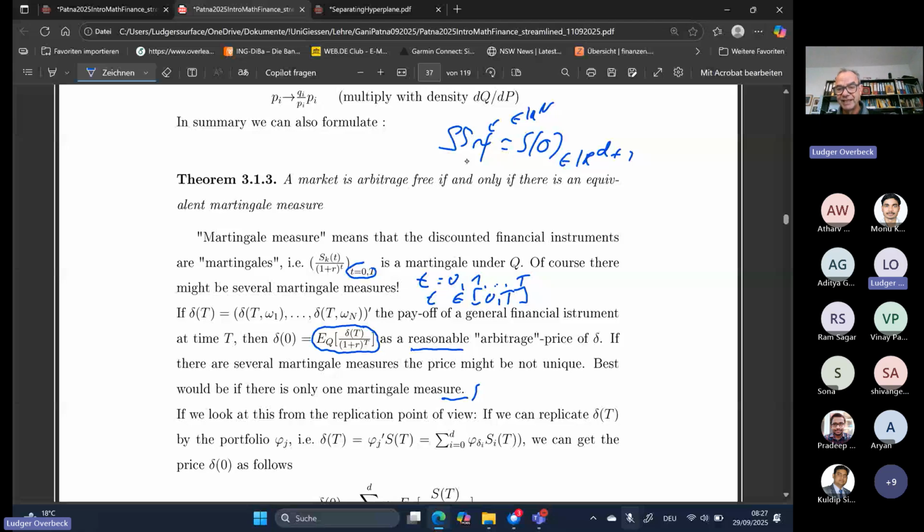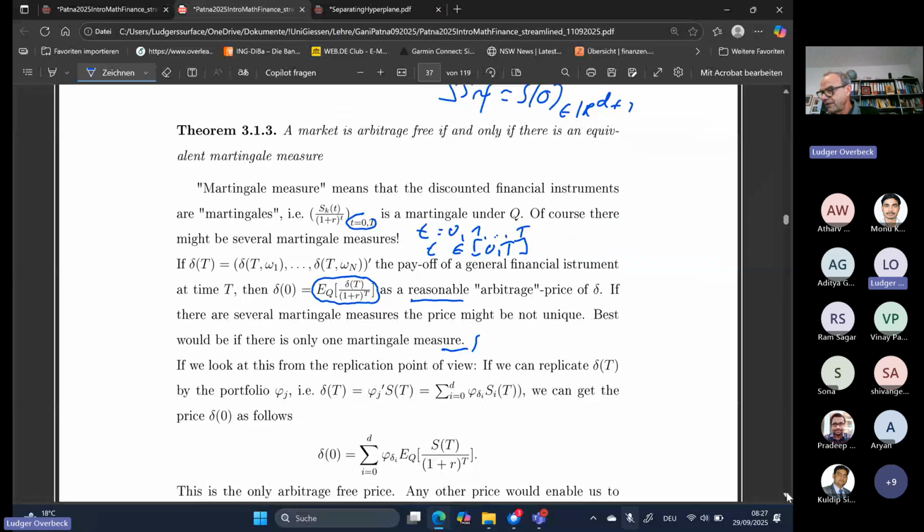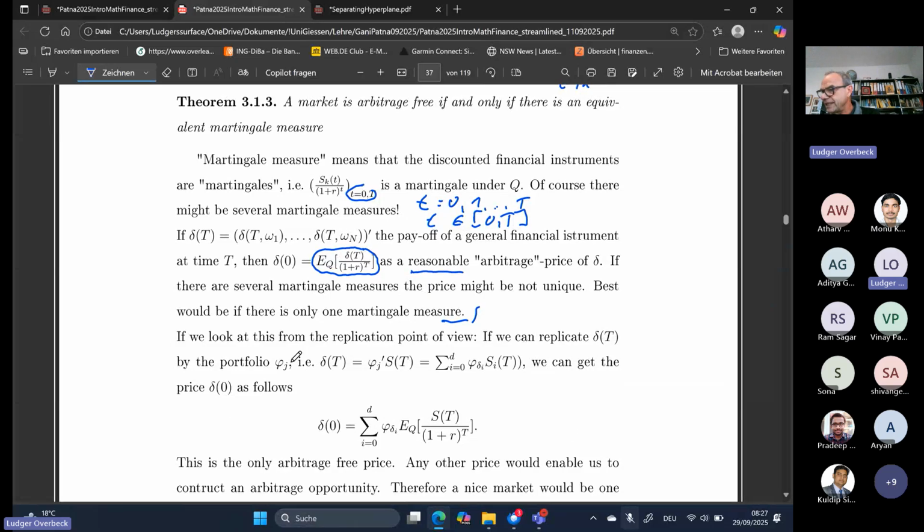We will later see that the next step is now a second one, because we had looked at the other point of view, namely replication. What we have done here is just from arbitrage. If we have replication, then it's even different. What we get for each delta, which is just a vector in R^n, we get a phi such that we can replicate. This is not a J, this is a delta.